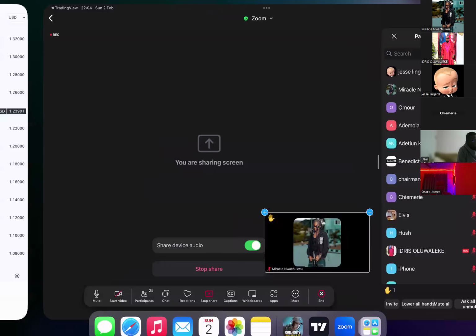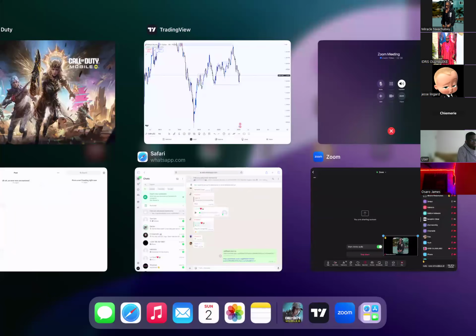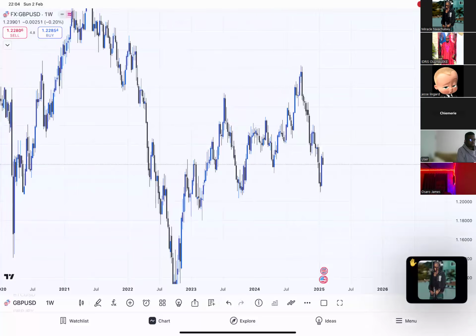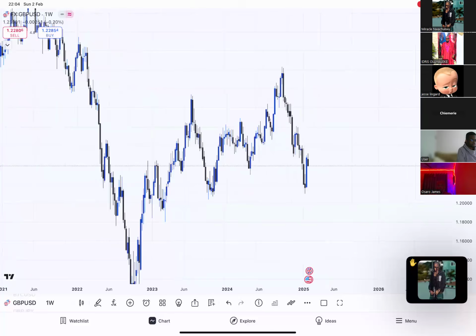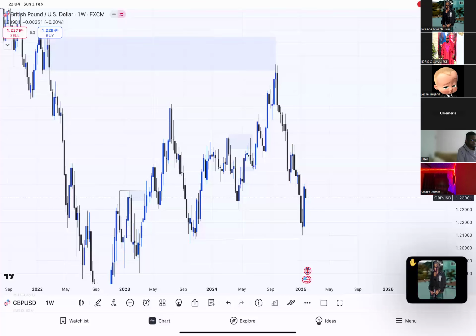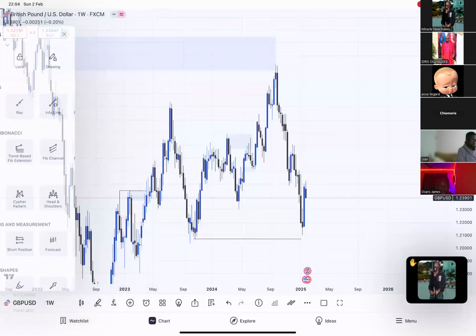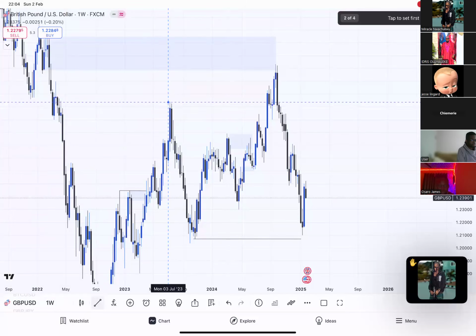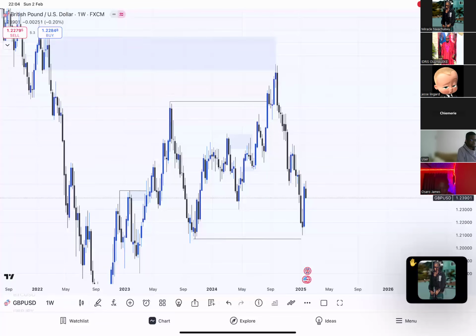Now let me show you something like this. Let me use this one as example. This is the liquidity, and we have this POI here.